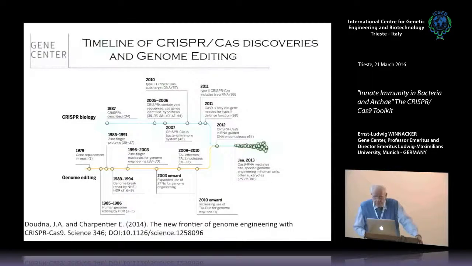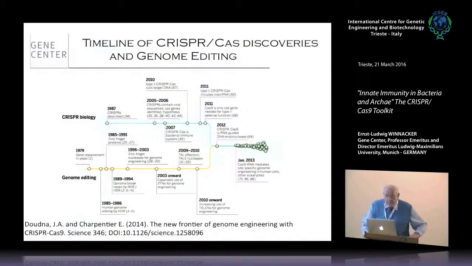Now that's a serious economic problem, as you can imagine. If you lose 50,000 cubic meters, 50 million liters of yogurt, this is quite expensive. And so they started to investigate the problem behind this phage infection. Why does it happen that these cultures get destroyed?